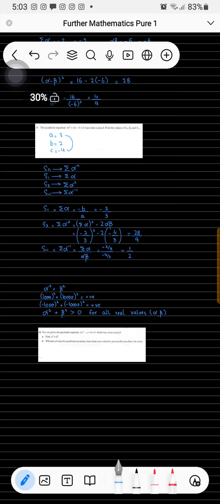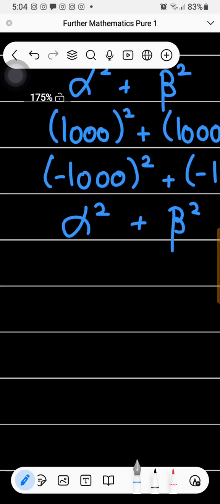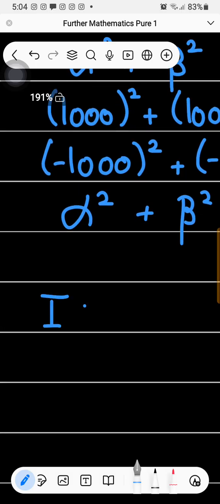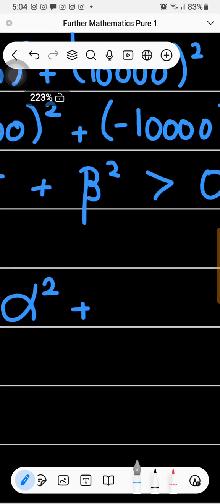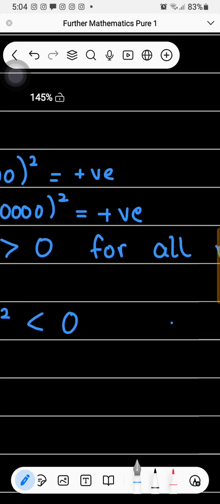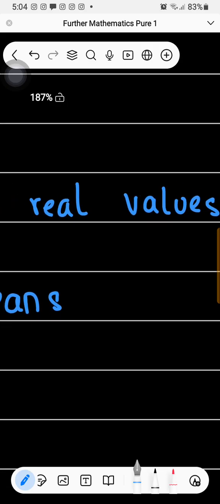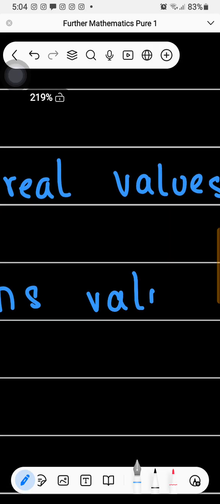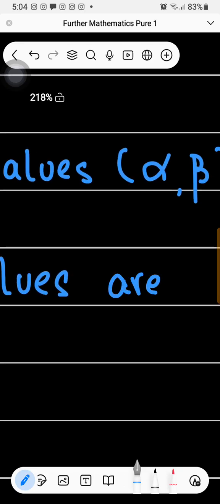But I am going to tell you one thing. Yeah, so I want space again. What if alpha square plus beta square is negative, it's less than 0? It means the values are not real.